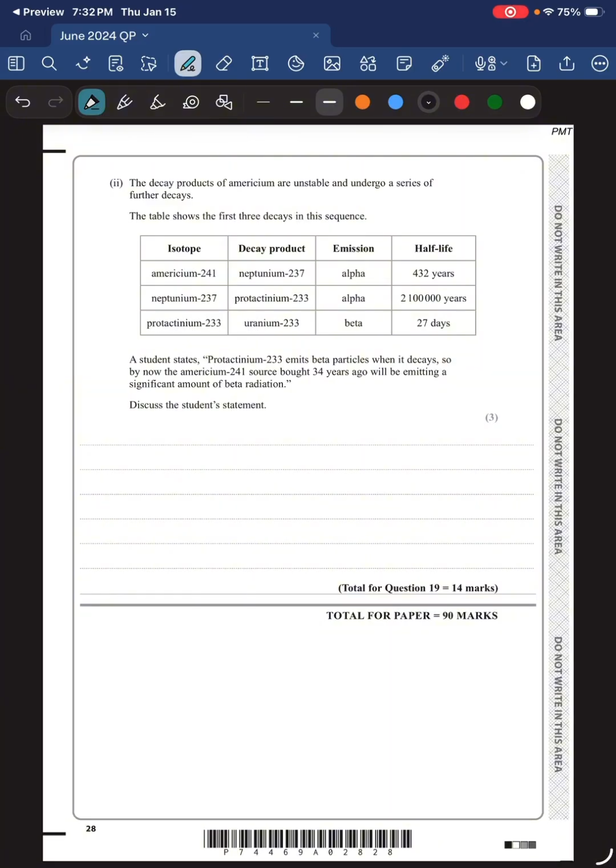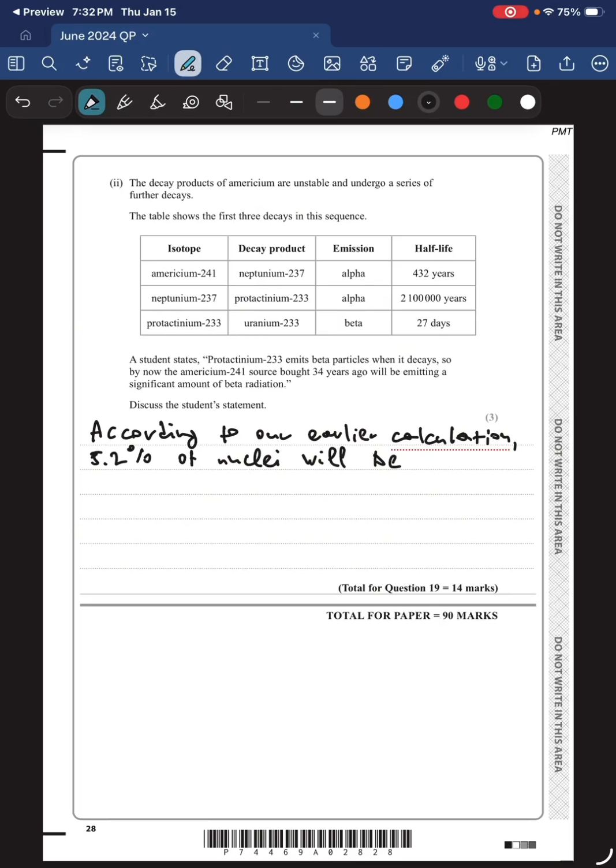Discuss the student's statement. So according to our earlier calculation, 5.2% of nuclei will be neptunium-237.